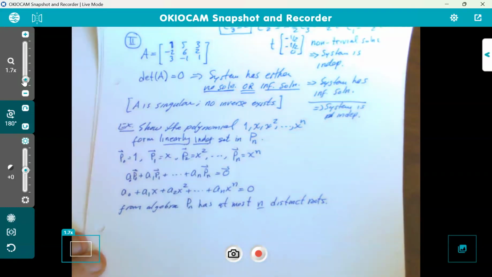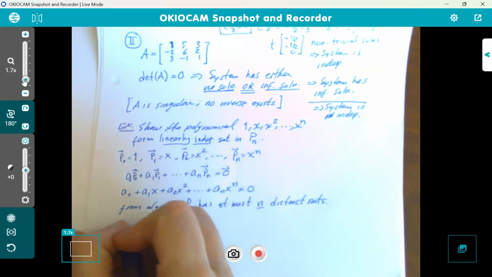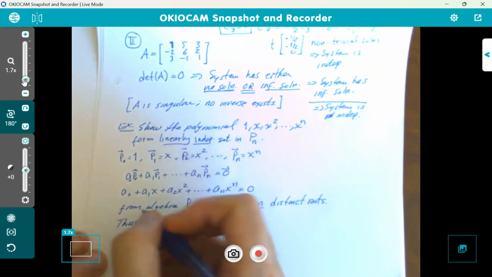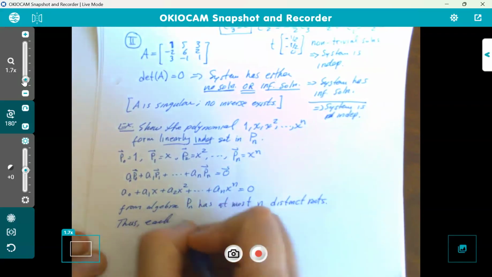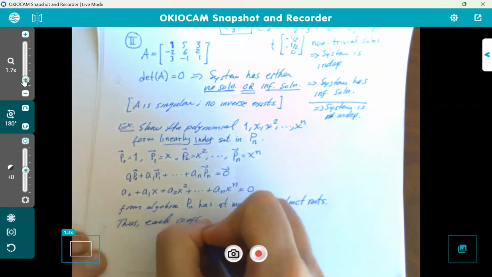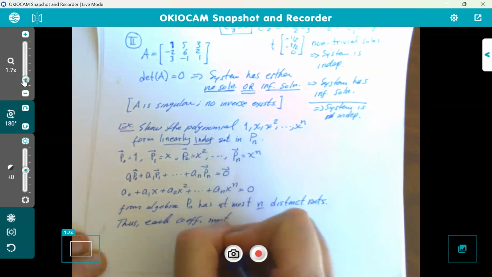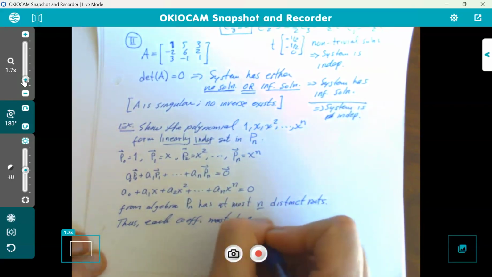So what would this imply? Well, that means each coefficient here must be 0. That's the only way this can be 0. These are real coefficients, right? If one of them is non-zero, then this will not add to 0. So I'm going to write that: thus, each coefficient must be 0. True.